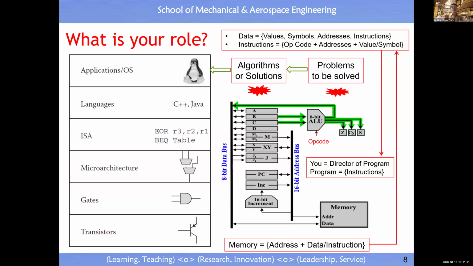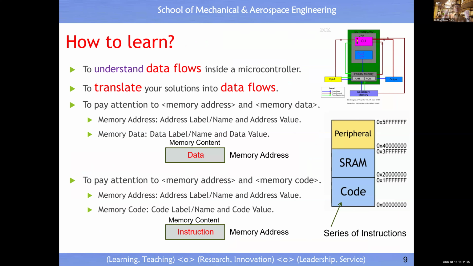You are here to be the user of a microcontroller, right? And how to learn? This slide is a guideline. Just now I mentioned, keep data flow in mind. You follow this terminology, then your life is easier, right? Keep data in mind, then automatically you need to know where to store the data, right?